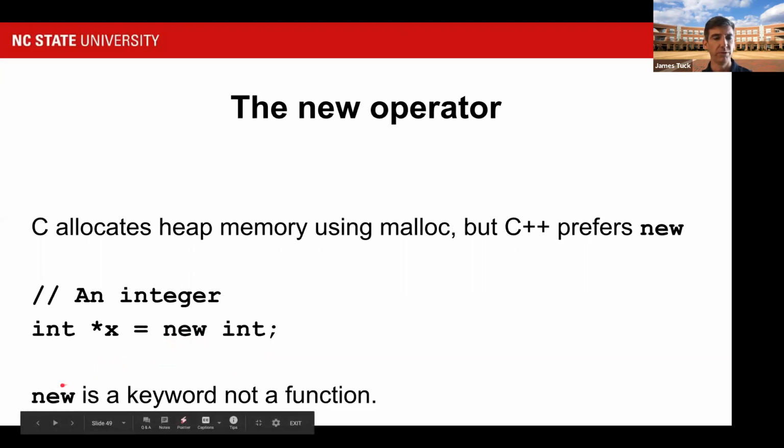Okay, and in this case, new is a keyword function. And this will allocate exactly one integer.